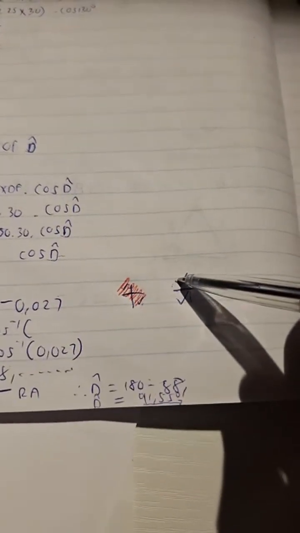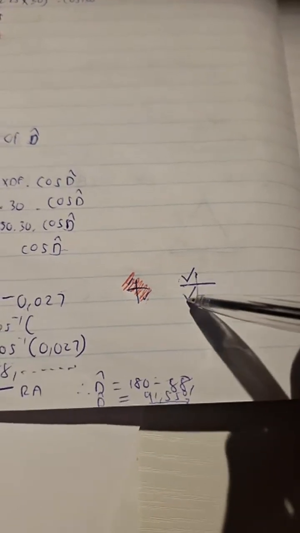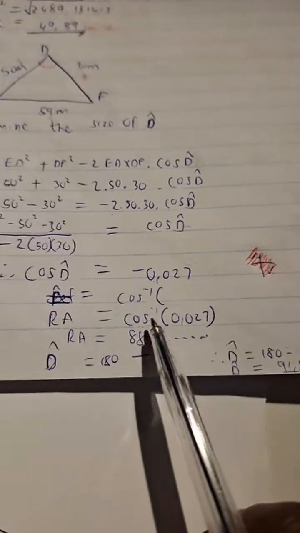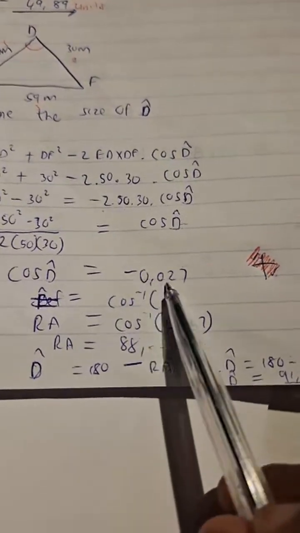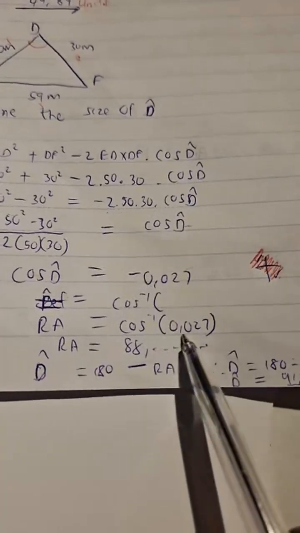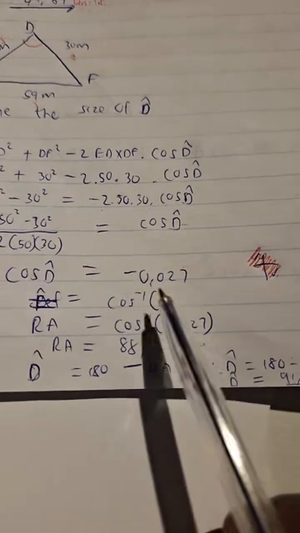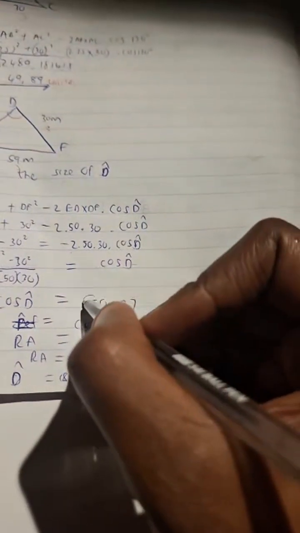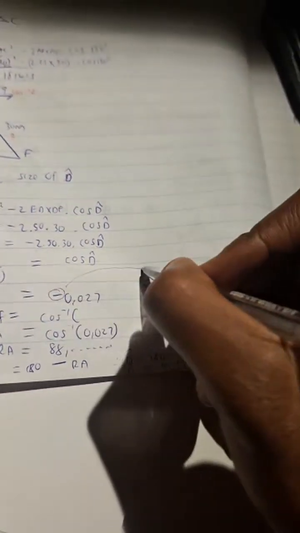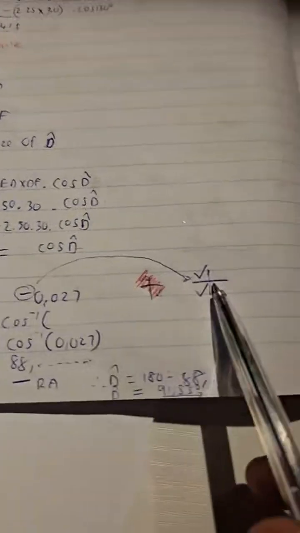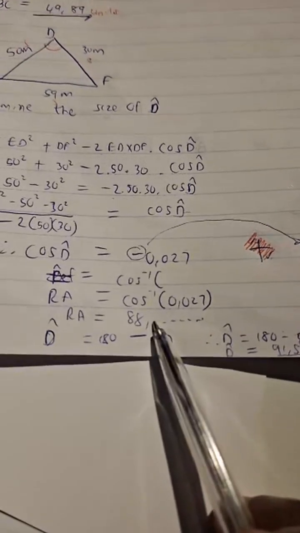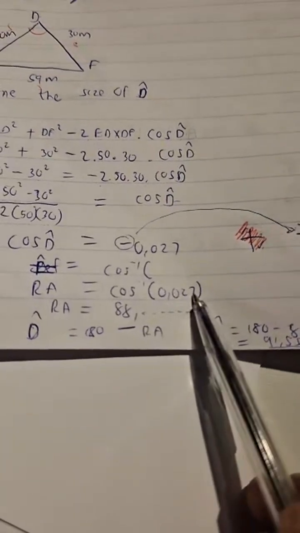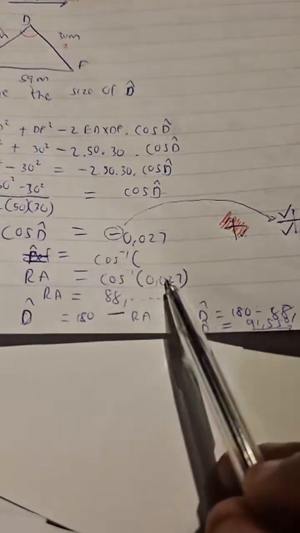Then I say cos is negative in the second and the third quadrant. Then when I evaluate the arc cos of this 0.027, I take it as a positive 0.027 because I've accommodated the negative sign by identifying the quadrants where cos is negative. Then I evaluate the arc cos of the positive value of 0.027.